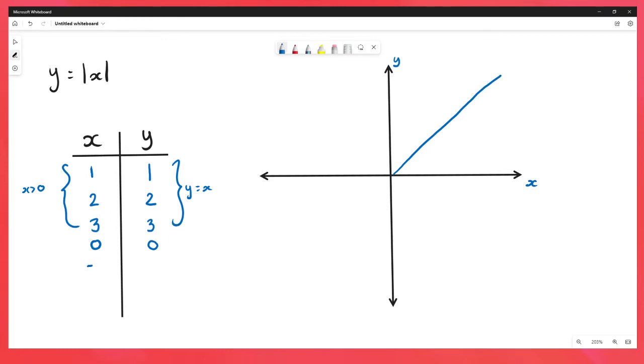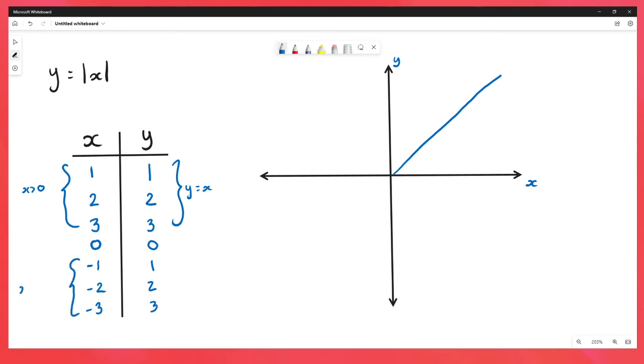But let's have a look at the minus numbers. So if x is -1, the modulus of -1 is 1, because remember, we take off the minus sign. Likewise, -2 and -3.